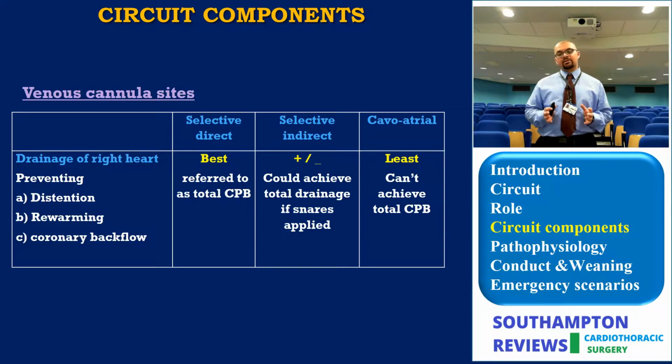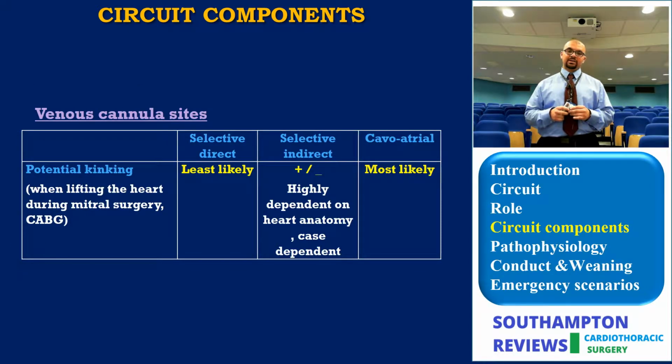This is only, again, relative. Some surgeons, for instance, do bicaval cannulation in all surgeries, whether CABG, AVRs, MVRs. That's to achieve the benefits of decompressing, reducing distension, reducing rewarming. However, as we explained, potential kinking is a very important point to bear in mind.